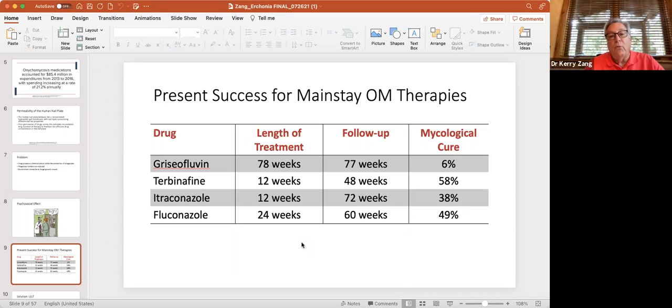And the biggest problem that we have here is that our population that seeks treatment and has concerns with nail fungus generally are 60 and older. And these are the patients that are also on antihypertensive medication, cholesterol modifying medications, medications to control blood sugar.